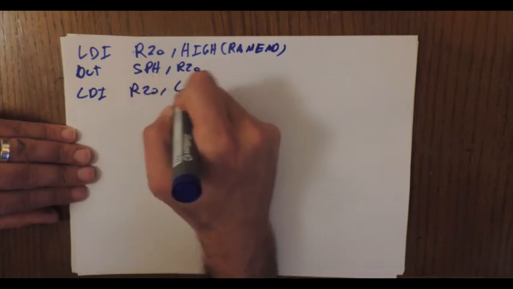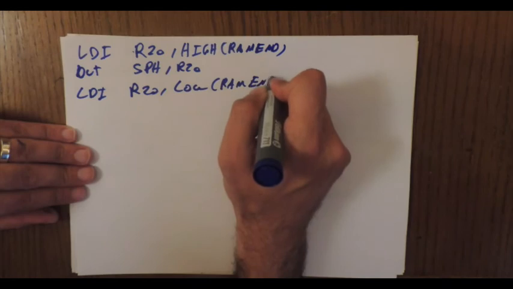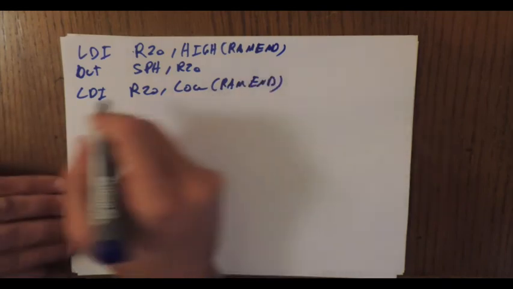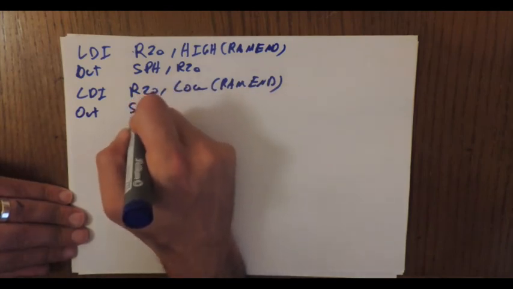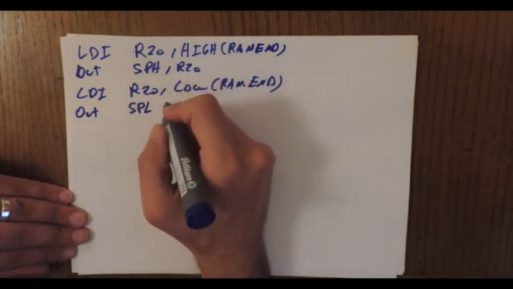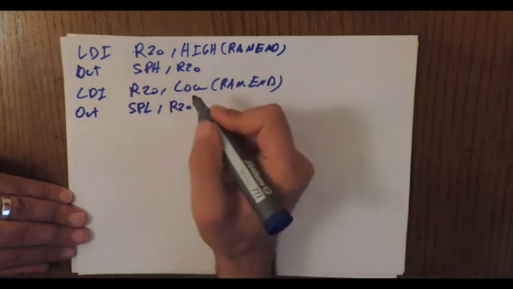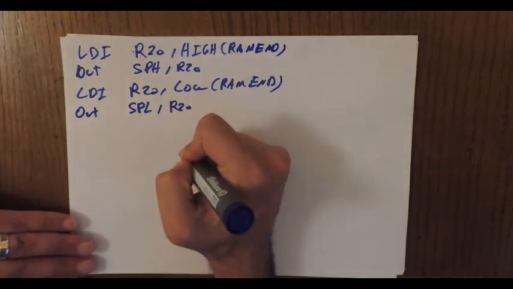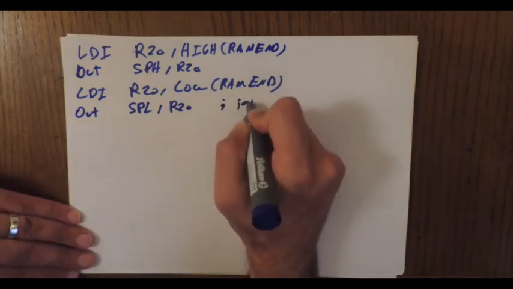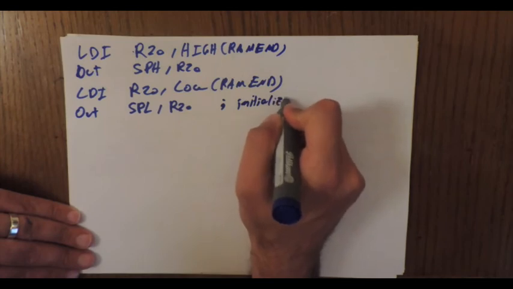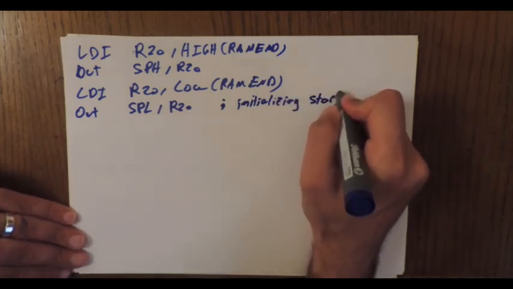You can use the same register, it's fine. RAM end here. If you don't know what I'm doing here, review the previous lecture where we discuss the stack pointer and how we can load the stack pointer in order to call some functions. So here what I'm doing is initializing the stack pointer.